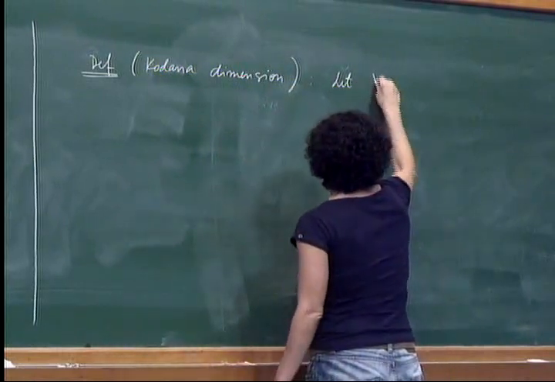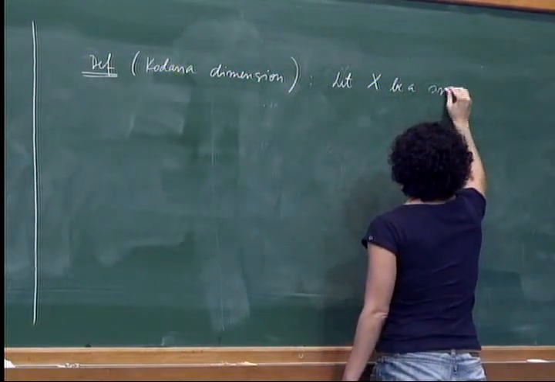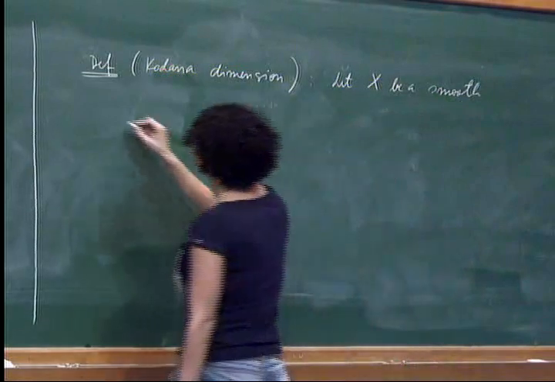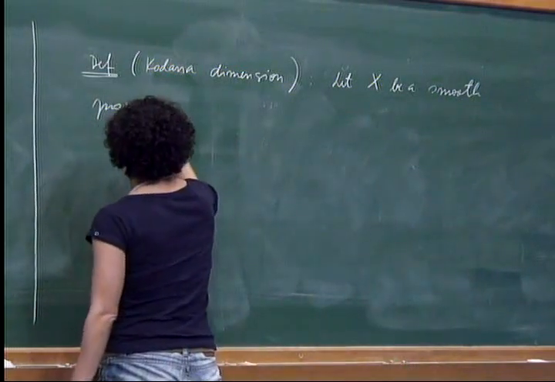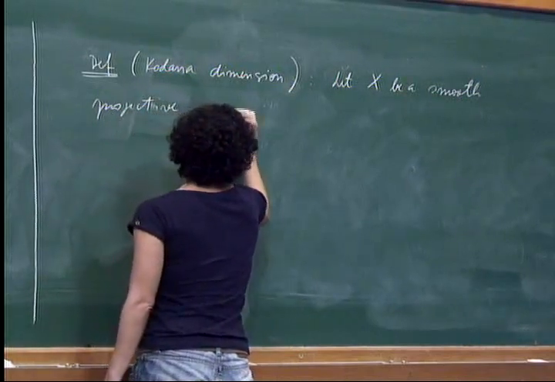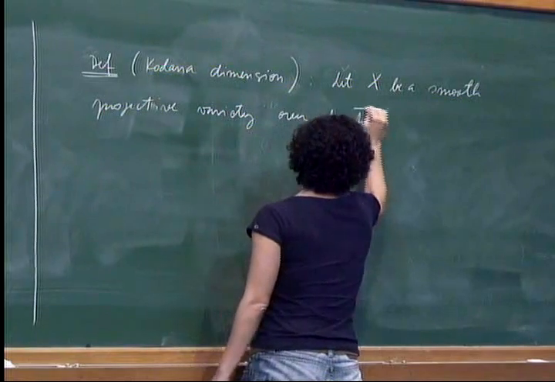Let X be, for simplicity, a smooth projective variety over an algebraically closed field K.